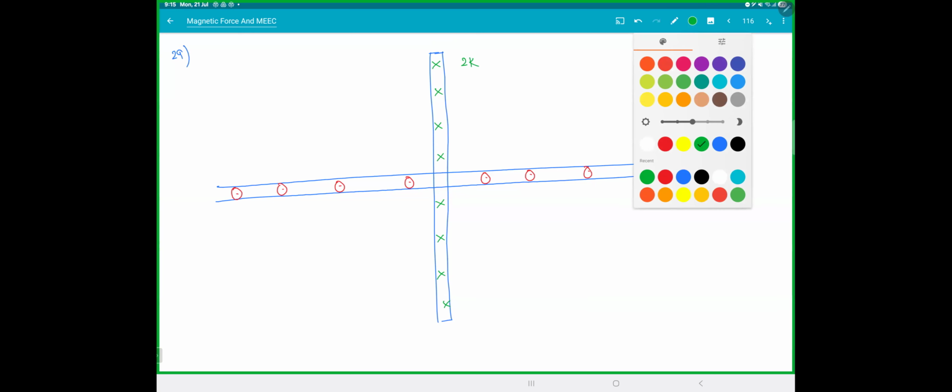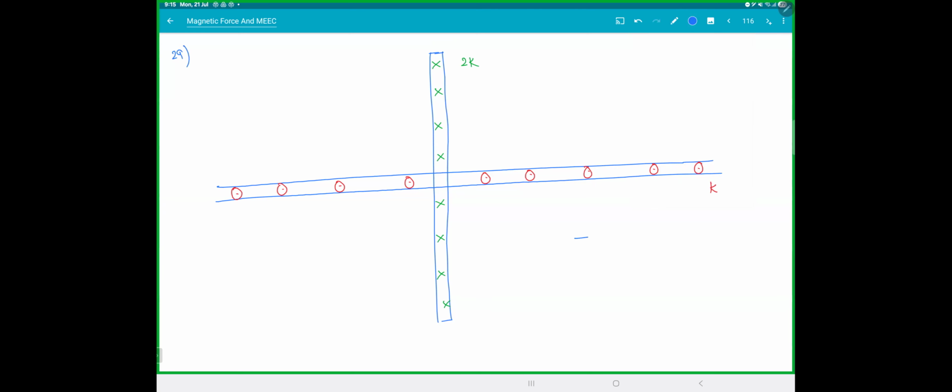Draw the magnetic field lines along the XY and YZ planes.